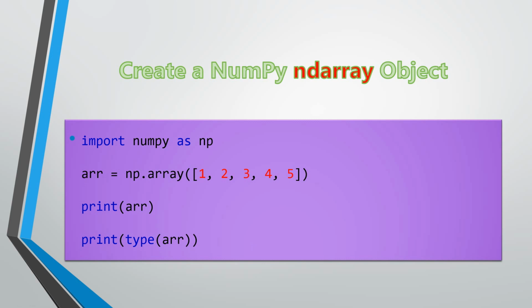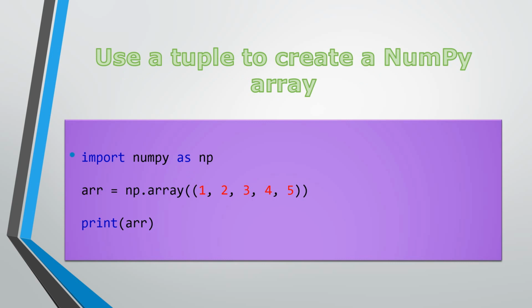When I import numpy as np, np becomes an object where you can call the array function, type your data and convert it into an array. You can also have an array within parentheses, within square brackets.